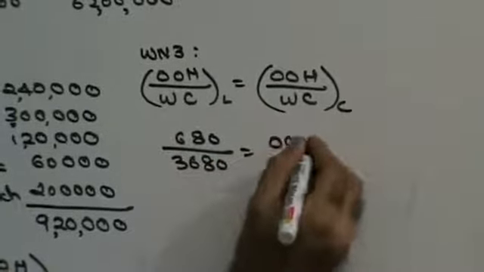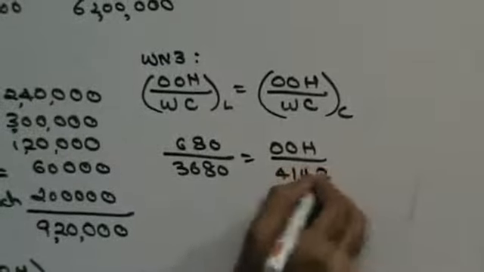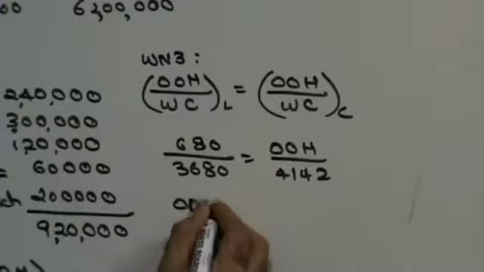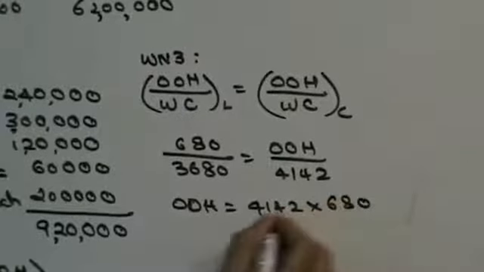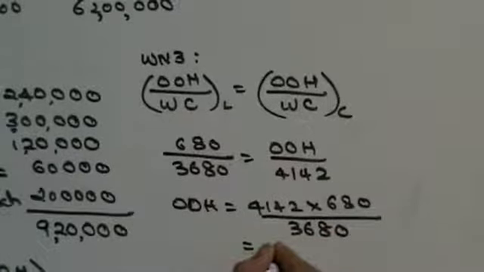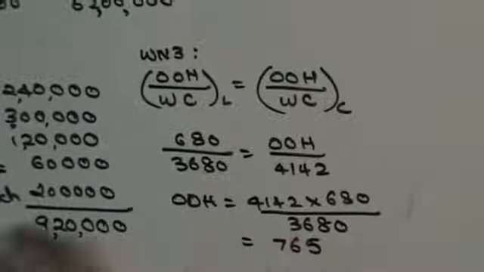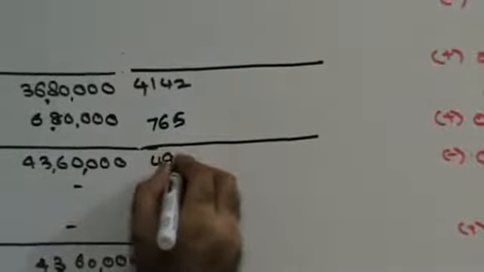Office overheads upon work cost of current year, you found out, is 4142. So office overheads is going to be 4142 into 680 divided by 3680. That is 765. 4907.